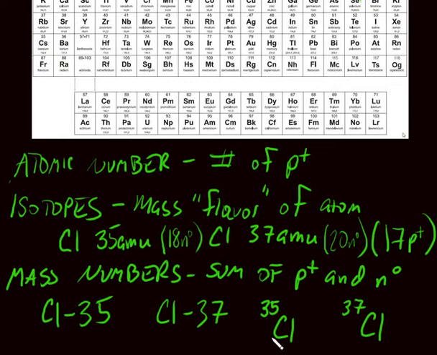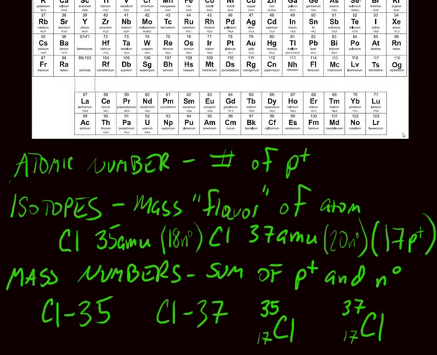And in your reading, you'll probably see that the atomic number goes in the subscript in front of the atomic symbol. So having both those numbers there, you can tell chlorine has 17 protons and a total mass number of 35, which means that it should have 18 neutrons here, and in this case, 20 neutrons.